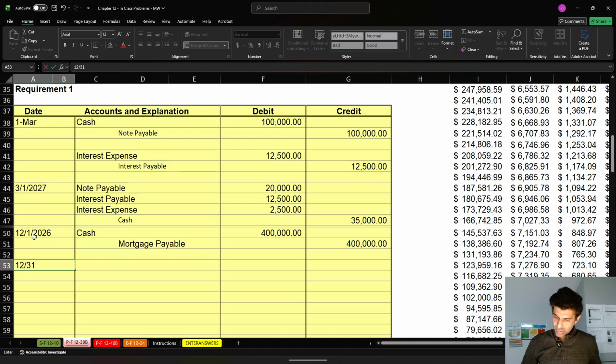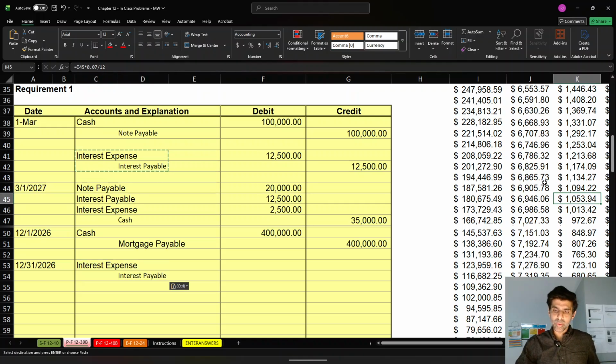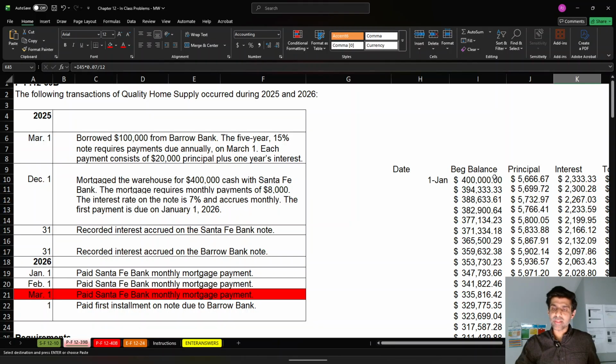So 12/31, 2026. It's going to be actually the same form, interest expense, interest payable. So I'm just going to copy and paste these. The amounts, I'm going to look up here. It's exactly 1 month, okay? They made the dates easy for you in this problem.